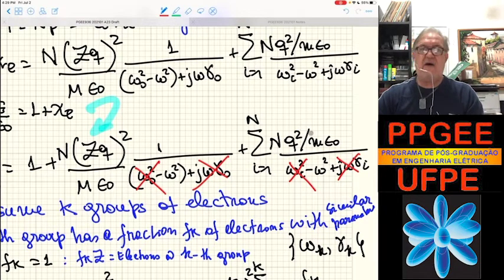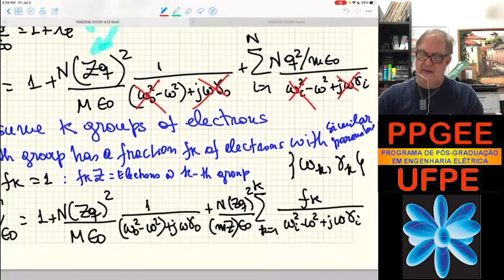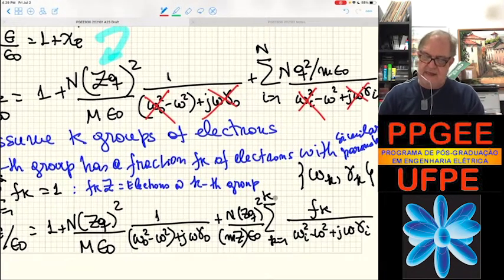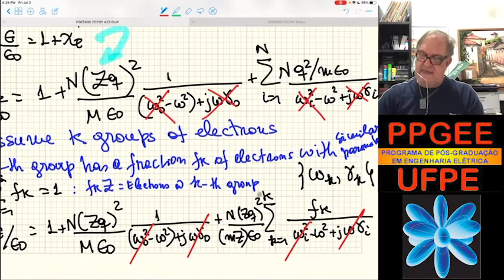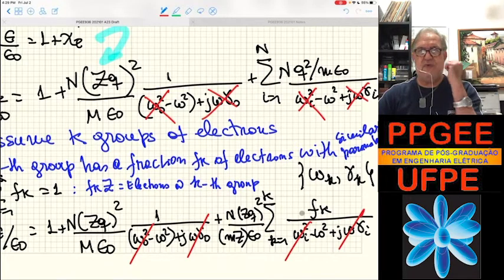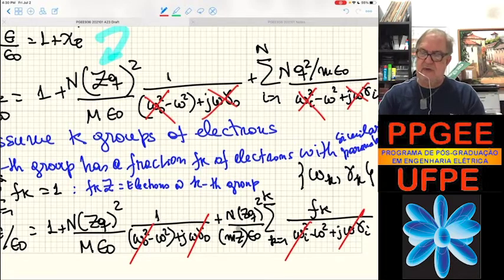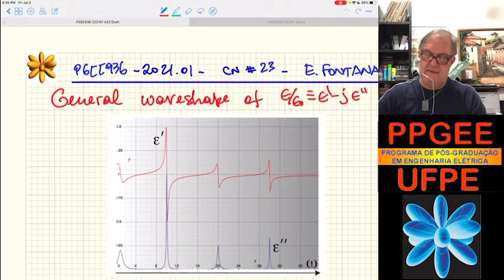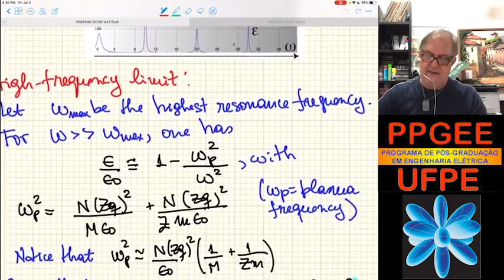This sum can be calculated. I can remove omega squared from the denominator. I can cross out this one and this one, so you have the sum of fk, which equals 1. So I have those terms here. Let's see how it looks at high frequencies.